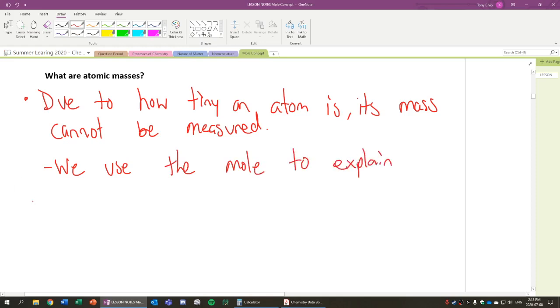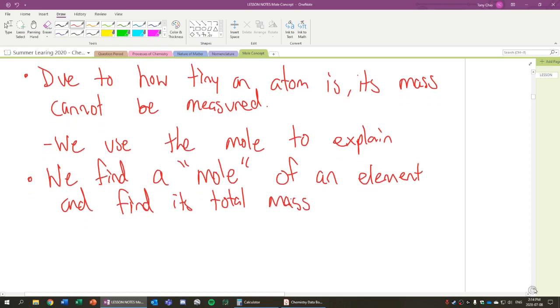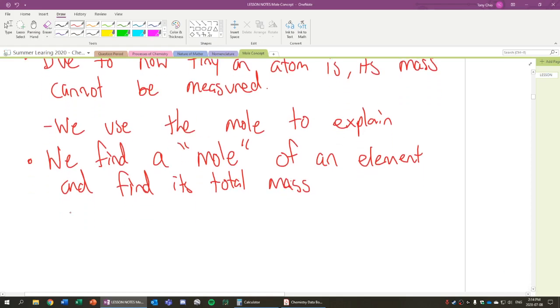What we do instead is we find a mole of an element and find its total mass. And once we know its total mass, we can divide it to find the mass of one atom.